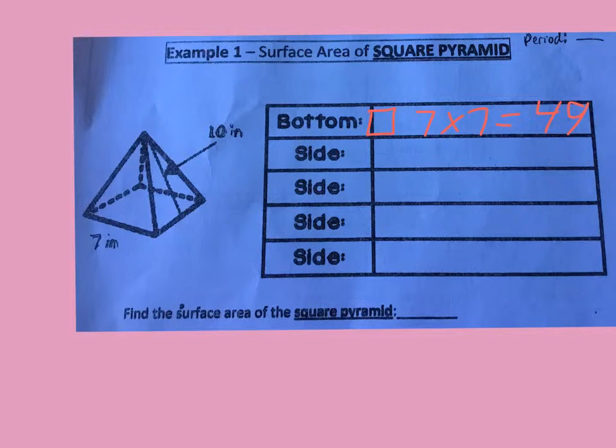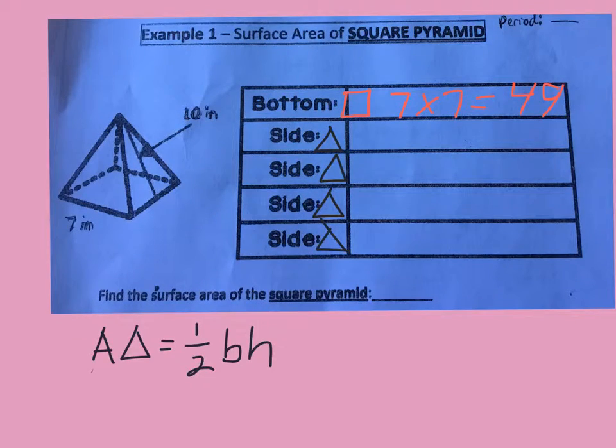All right, I'm going to make sure I know my sides. Since I have 4 sides to the square, I have 4 triangles that go around and come up to a point. Remember that the area of a triangle equals 1/2 the base times the height. So we know the base is 7, and the height is 10, and then we need to take 1/2 of that.